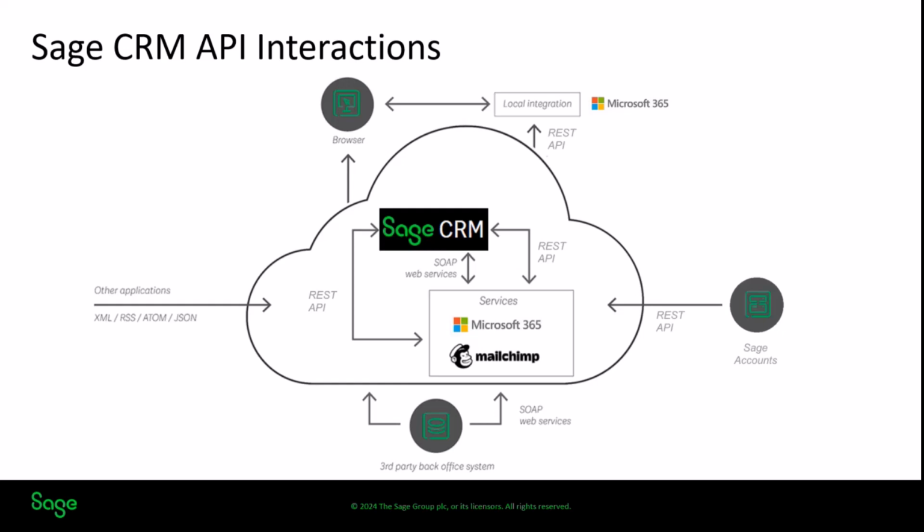It's used extensively for integrations with some of the partner third-party integrations between accounting packages and other back-office systems, bringing data into Sage CRM. And it's able to be used because it offers the full ability to insert, update and delete data governed by the territory and other security profile rules set within Sage CRM.